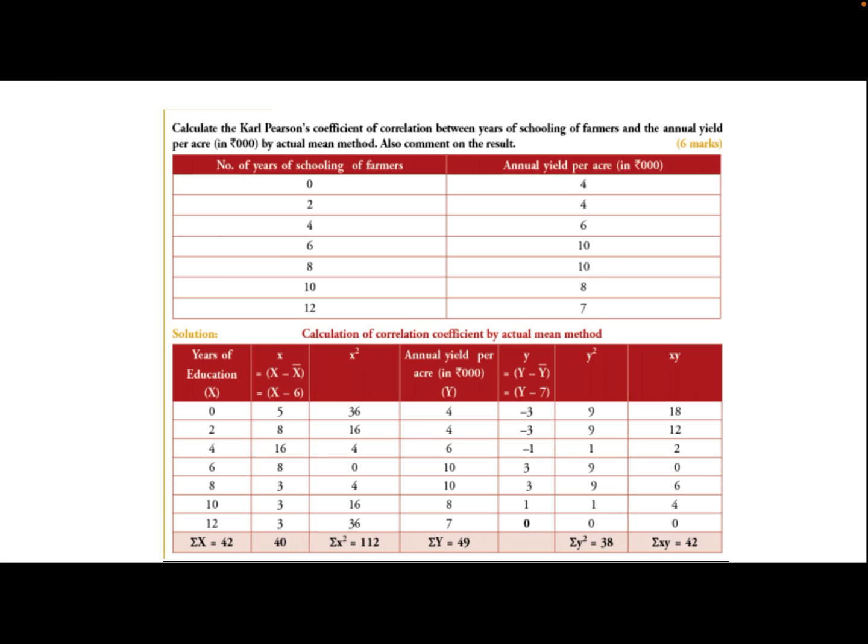You get 6 as the mean of x. In the second column, we find the deviations from the actual mean, which we represent by small x. So x is equal to capital X minus x bar. The third column, you square the second column, which you have to use in the denominator.